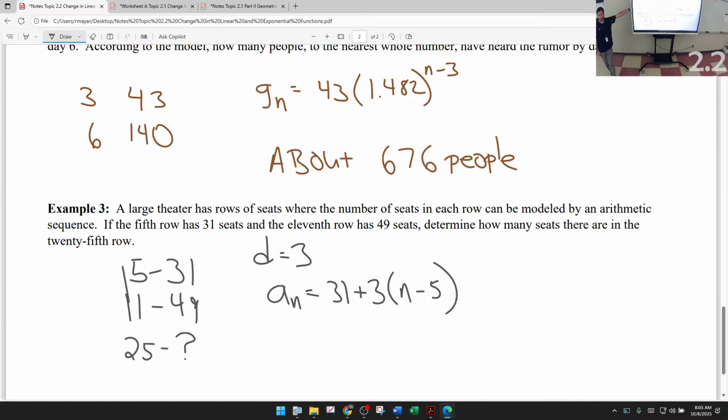And then we're just going to plug 25 in there. 20 times 3 is 60, 91.